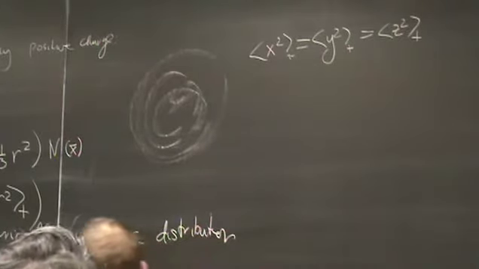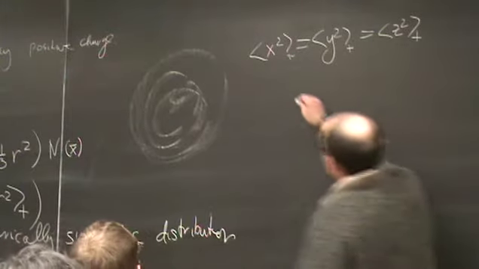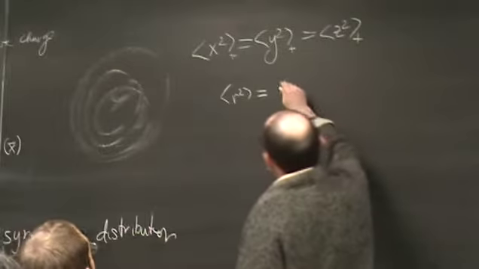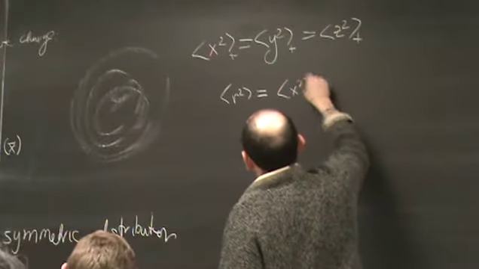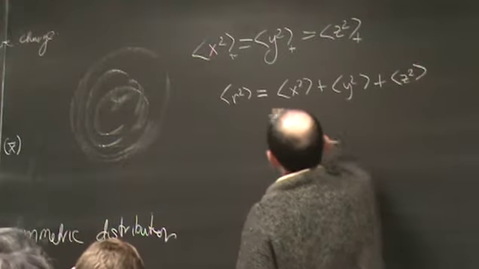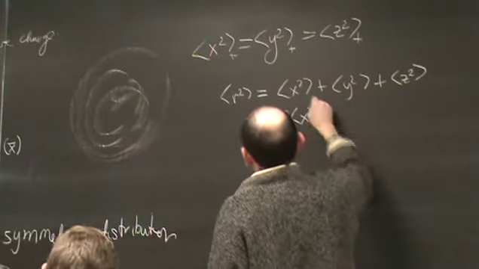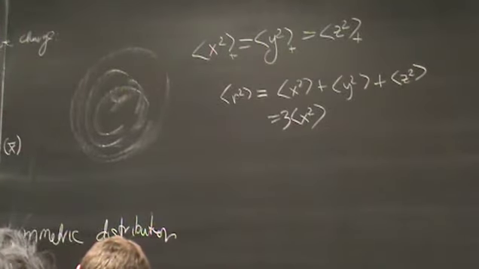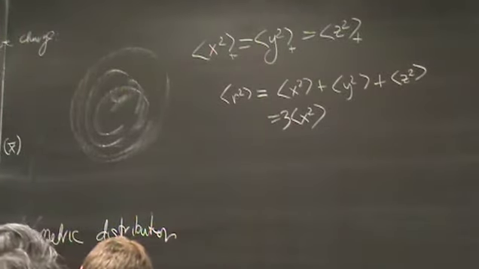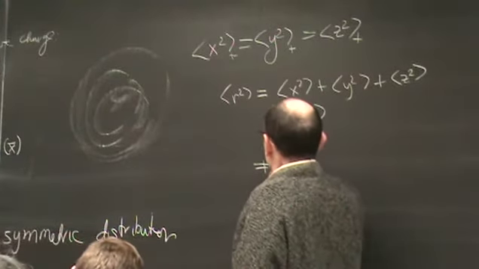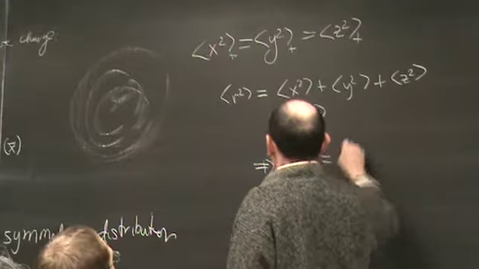Is that clear? So that means, in this case, average r squared, which is equal to the average of x squared plus y squared plus z squared, is equal to 3 times the average of x squared. Which means if I had a spherically symmetric distribution, then this is equal to 0.